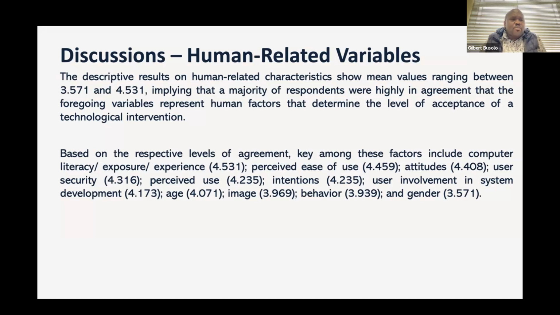The user security, how secure am I as I use this system, perceived use, the intentions, and also the user involvement in system development right from the start. These are key factors for user buy-in.